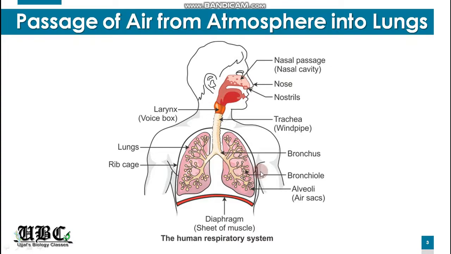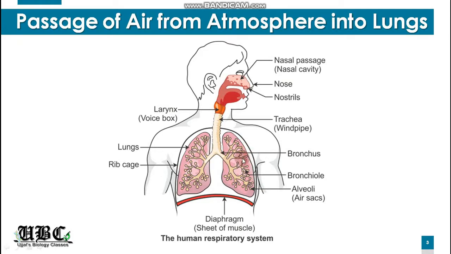Each bronchus divides in the lungs to form a small and large network of tubes called the bronchioles. The bronchus divides into the primary bronchiole, then the secondary bronchiole, and then the tertiary bronchiole.